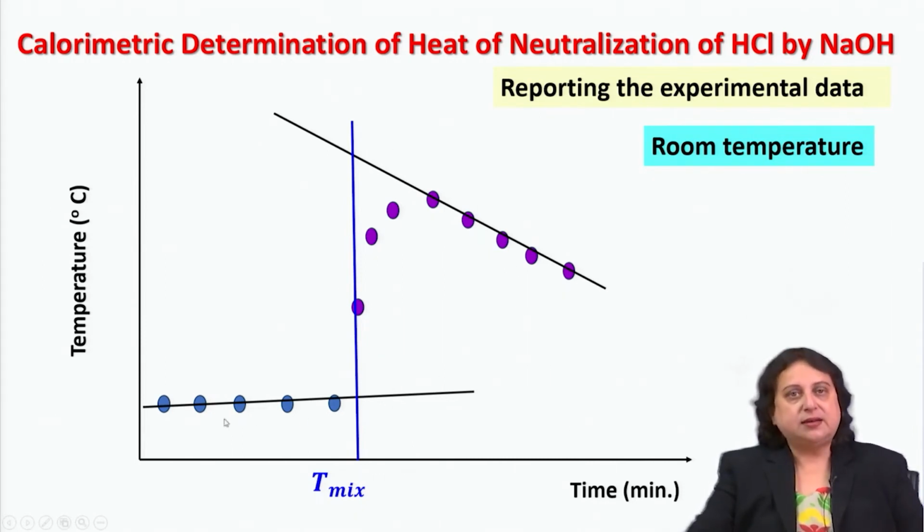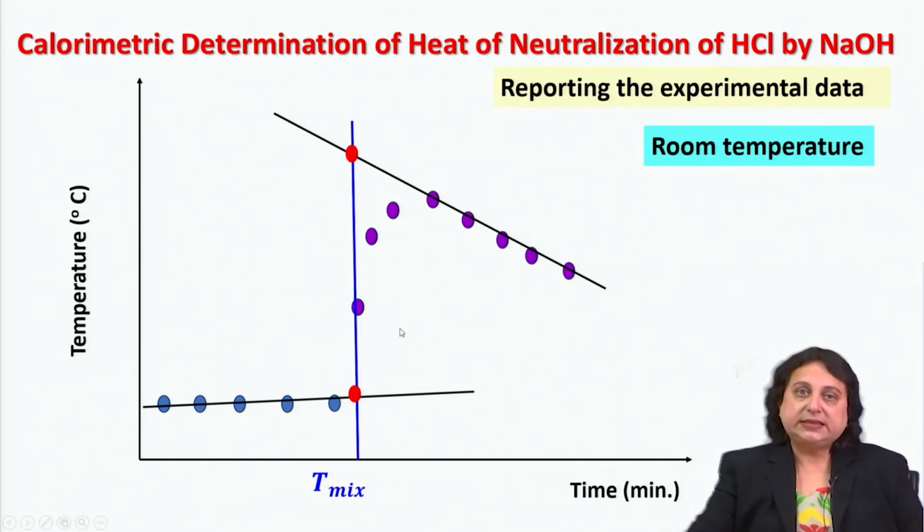And as you see here, I have extrapolated both the lines, before mixing and after mixing, in such a way that I can see the points of intersection between these two lines and my vertical line, which I show here at t equal to T mix.